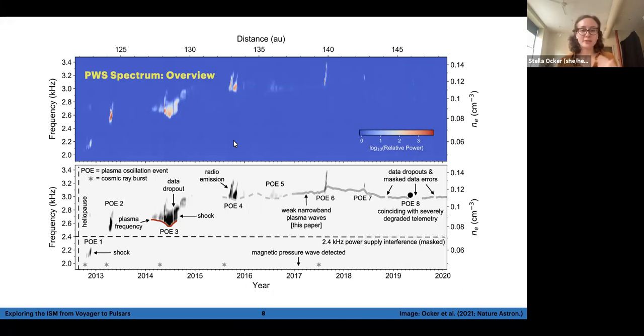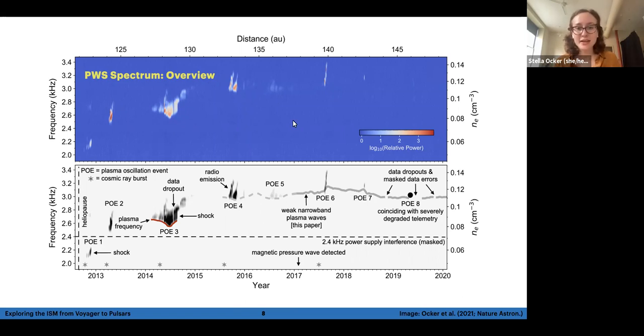But one of the main issues with relying on these plasma oscillation events for measuring the density is that they are inherently unpredictable. You can see that about one plasma oscillation event has been detected per year since Voyager 1 crossed the heliopause. In all of these cases, these events tend to be short, in the longest case up to a year, but that was highly unusual.